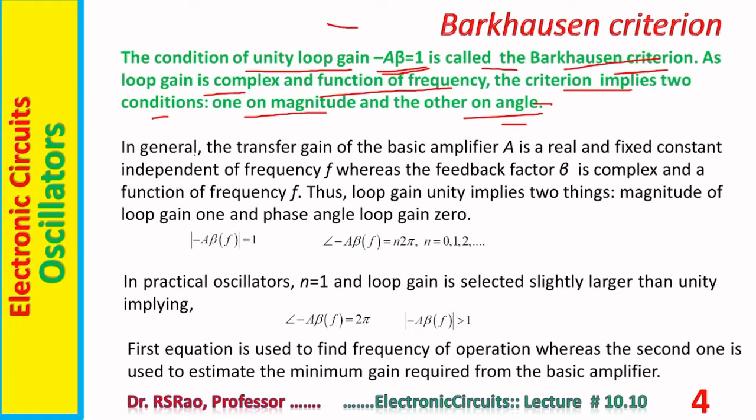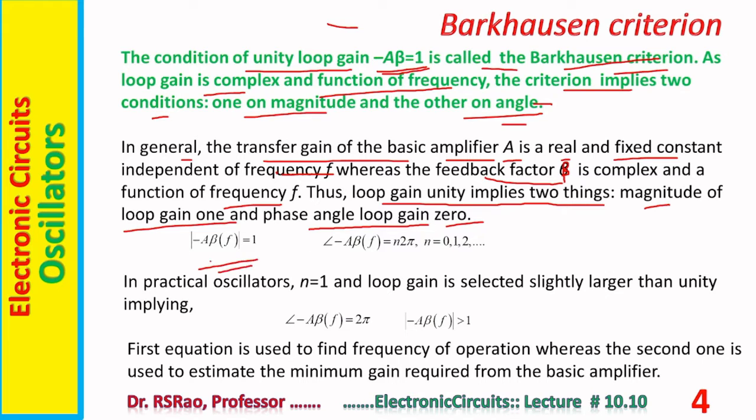In general, the transfer gain of the basic amplifier A is a real and fixed constant independent of frequency, whereas feedback factor beta is complex and a function of frequency f. Thus, loop gain unity implies two things. Magnitude of loop gain 1, phase angle of loop gain 0. It can be 2 pi also, it can be 4 pi also, it can be 6 pi also.